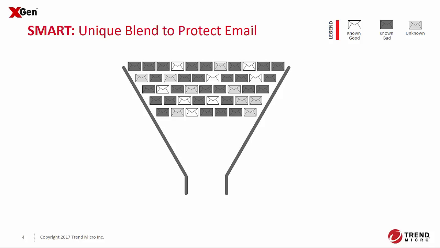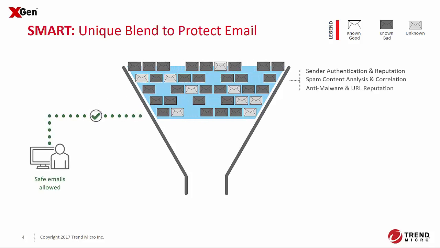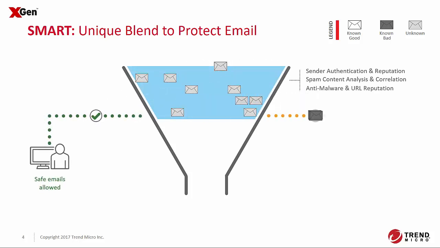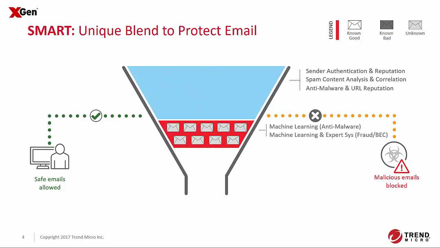One good way to illustrate this is using a funnel analogy. At the top of the funnel, we have a set of more traditional techniques that bat away all the known bad data and allow through the good data. This leaves the more sophisticated techniques to focus only on the more difficult to detect threats.